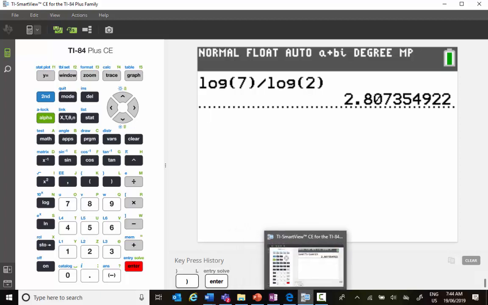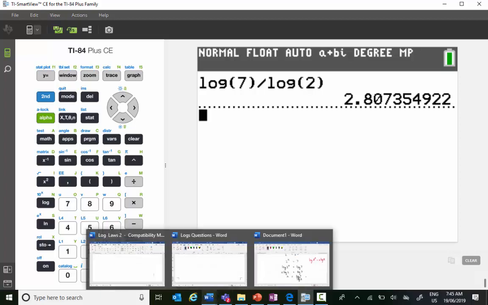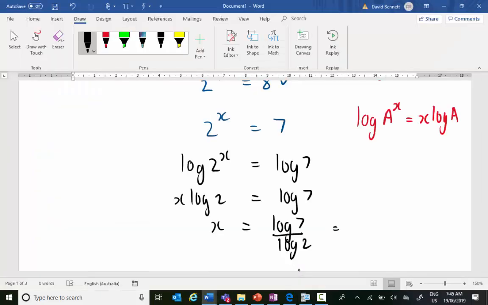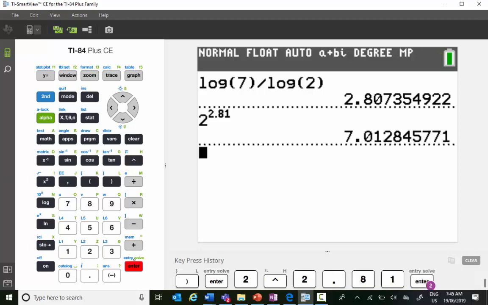Obviously, to get that accurately, you would need to have all those decimal places to get the exact answer, but we're just going to estimate in terms of that. So the expression I've got here is the exact answer. But if I write 2.81, that's going to be pretty close to what we've got. So if I go 2 to the power of 2.81, it's going to get me pretty close to 7.